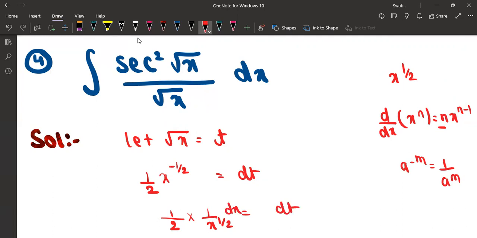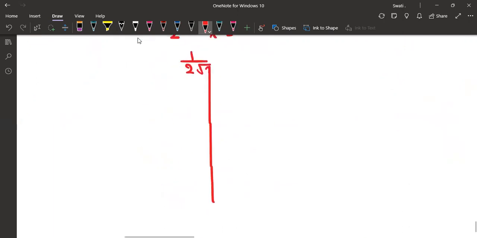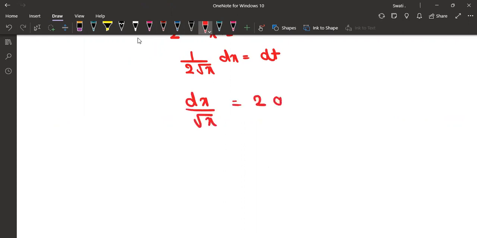Now we can rewrite this as 1 upon 2, x raised to half is nothing but root x. So 1 upon 2 root x dx is equal to dt, right? Now I can simply write this as dx upon root x is equal to 2 dt.